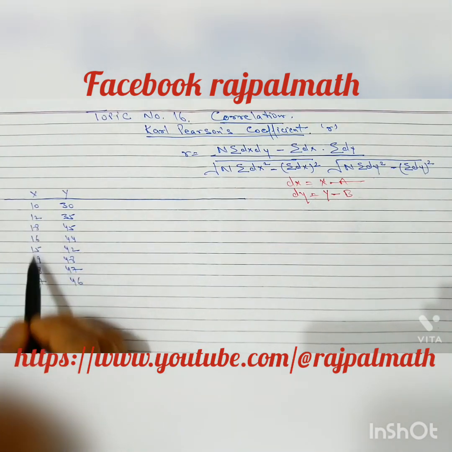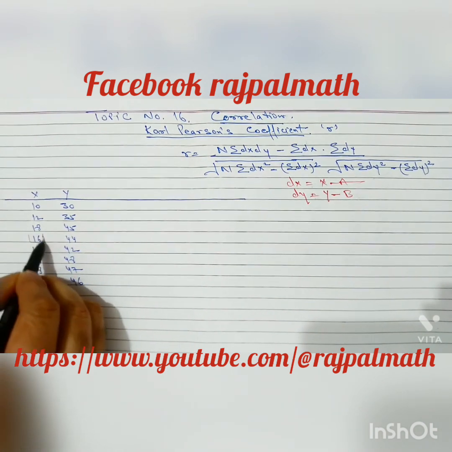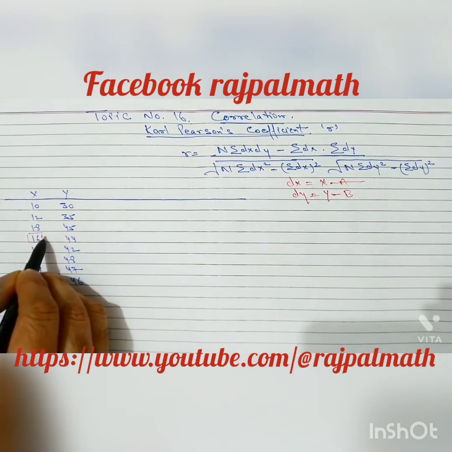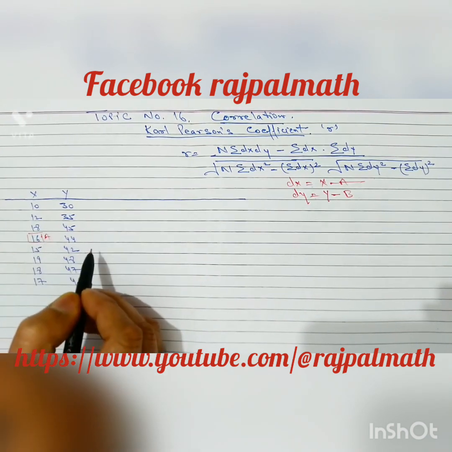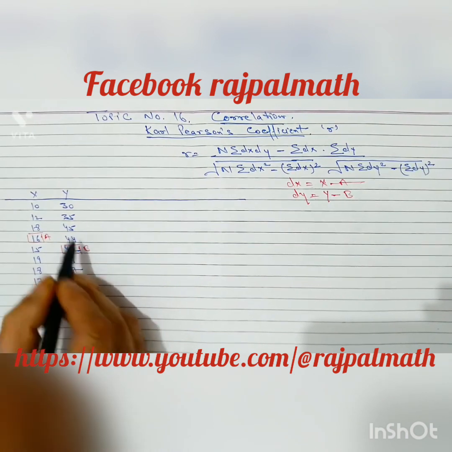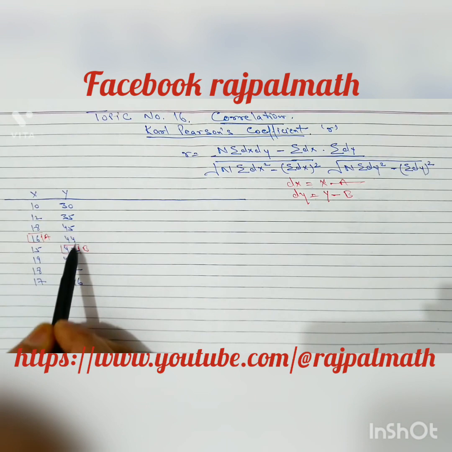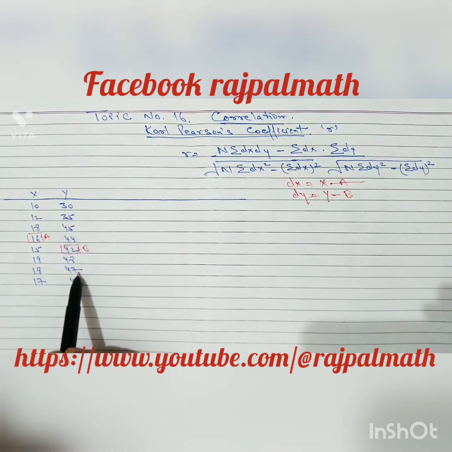Take any number from the x series as the assumed mean. Let it be 16 as A, and 42 as B, the assumed mean from the y series.